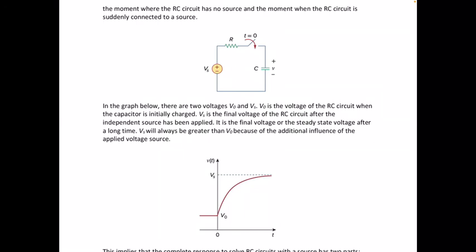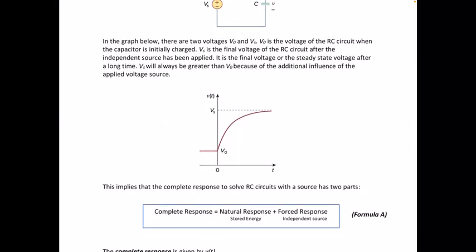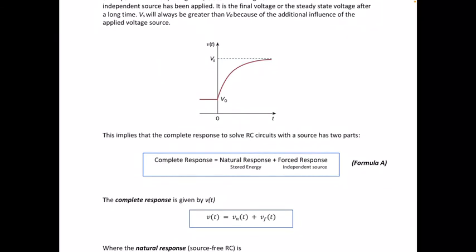So Vs will always be greater than V0 because of the additional influence of the applied voltage source. So Vs is something that we cannot see in our analysis with source-free RC circuits. So again, this implies that the complete response to solve an RC circuit with a source has two parts.